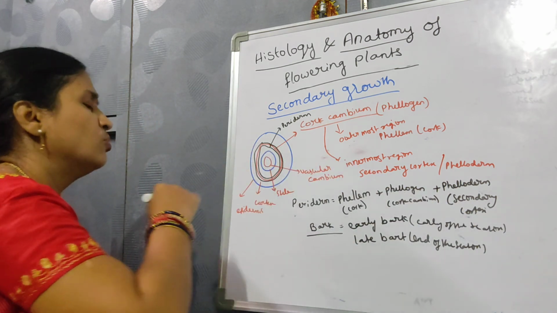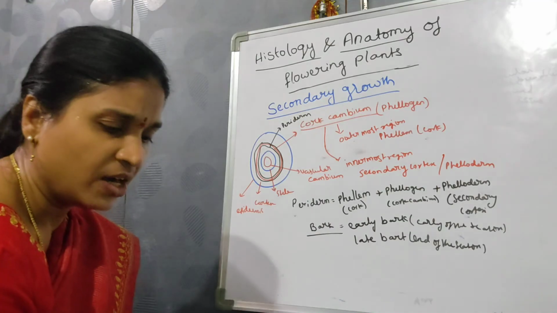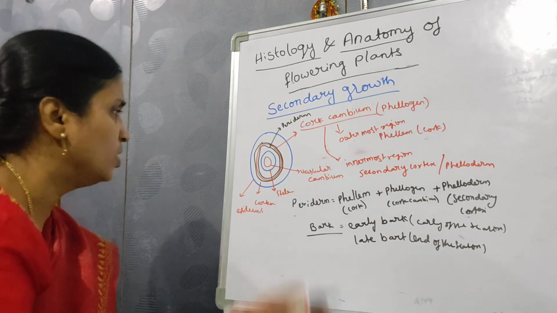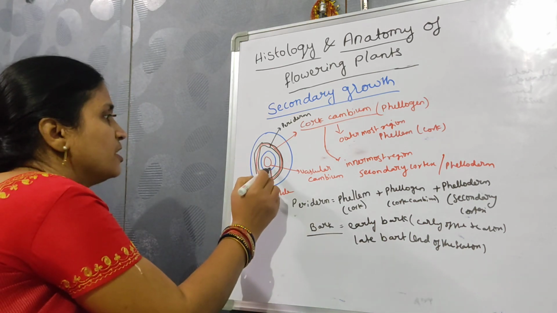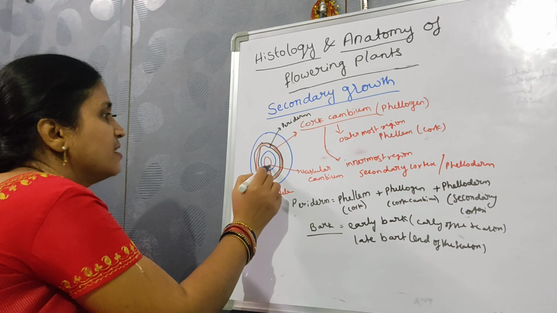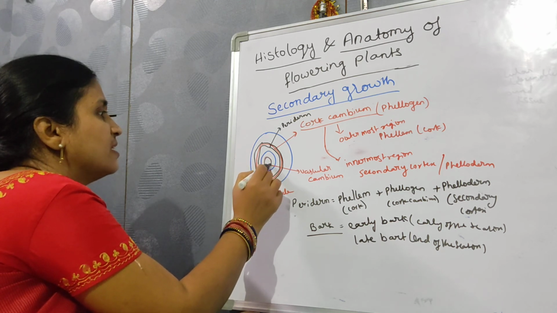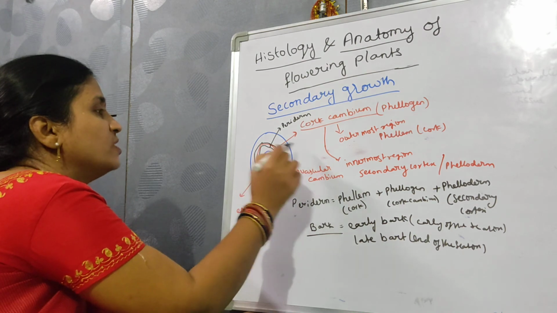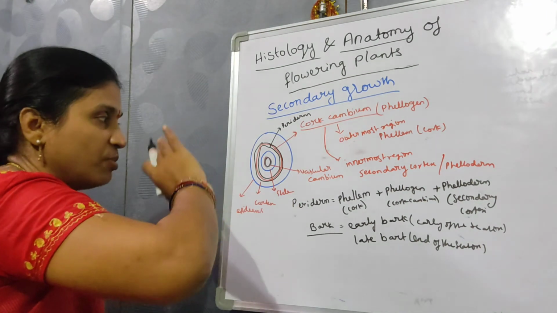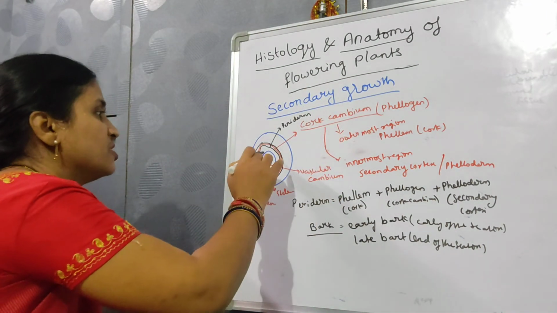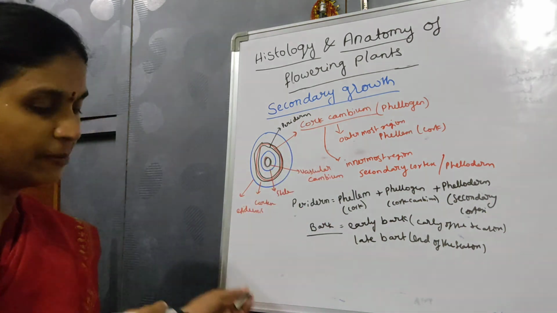So what is a bark now? It's actually a non-technical term that refers to all the tissues exterior to this particular vascular cambium. This is the vascular cambium, no? So whatever tissues are there towards the peripheral region, towards the epidermis, all these tissues are nothing but the bark.